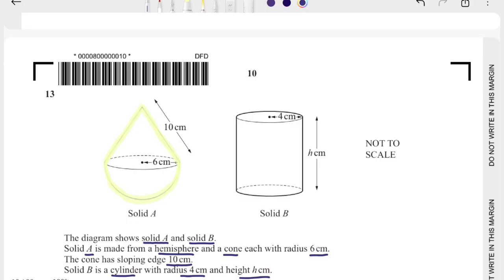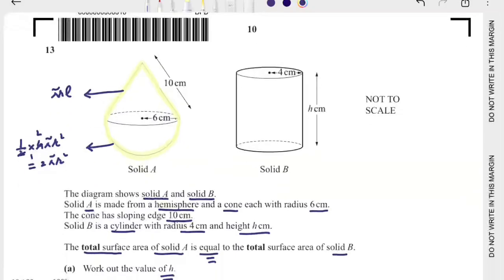So we know that the curved surface area of cone is pi RL, and the curved surface area of hemisphere is 1 upon 2 times 4 pi r square, and that is equal to 2 pi r square. We have to take exposed lengths.